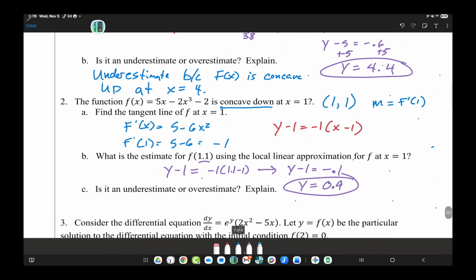Again, because we know this is concave down, this is going to be an overestimate because f of x is concave down at x equals 1.